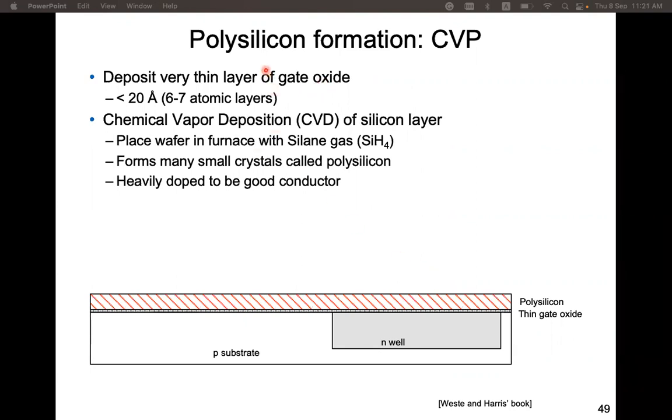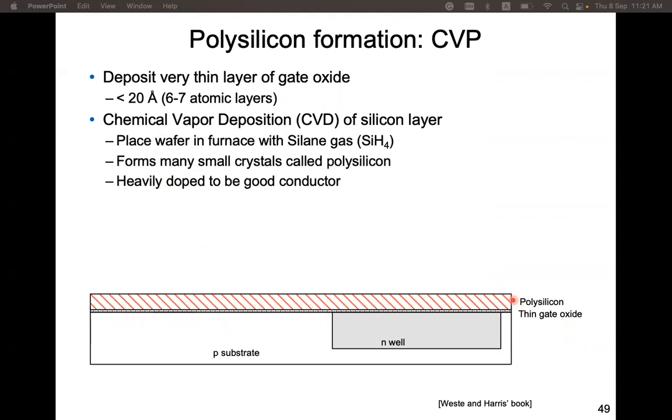This gate layer is formed by depositing a polysilicon. So first we grow a thin layer, thin gate oxide layer over the entire wafer.